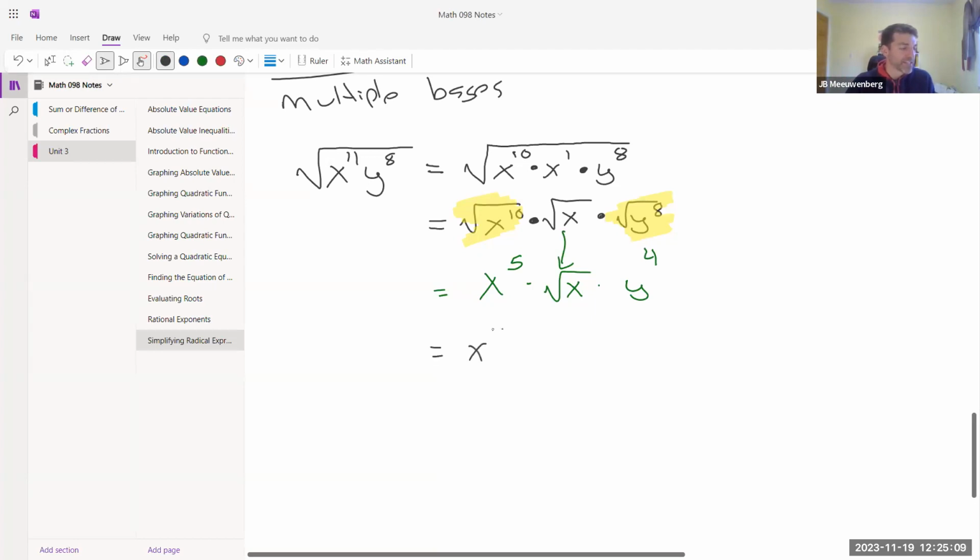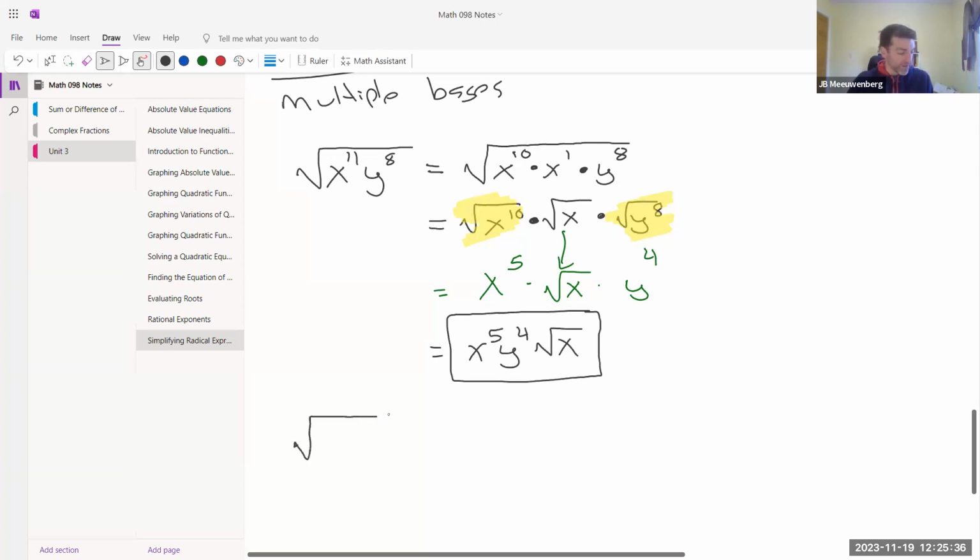So we're going to have x to the 5th, y to the 4th, times the square root of x. We just brought this y out front with the x. So notice how we ended up, right? y to the 8th was an even numbered power, so there's no y left on the inside. x was an odd numbered power, so it did have an x left on the inside.